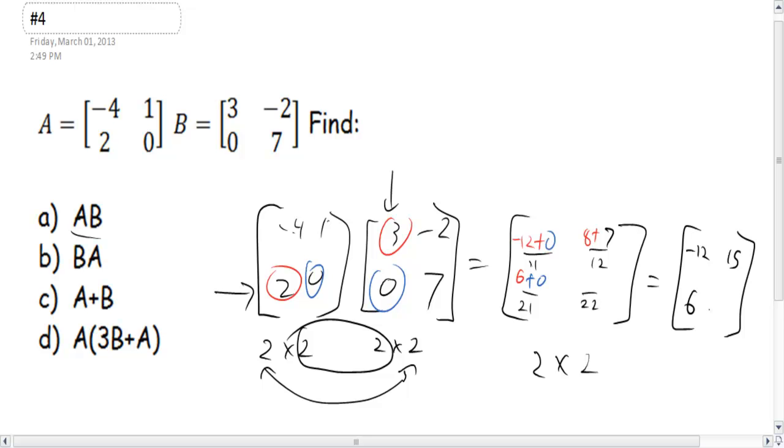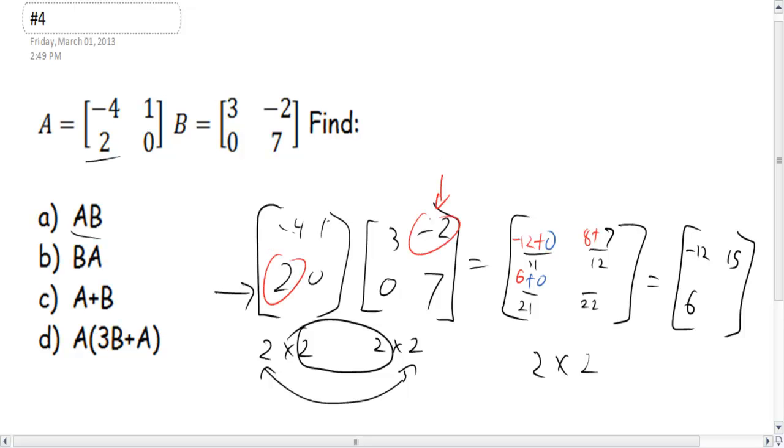Last but not least, for the 2,2 entry, I'm going to use the second row, second column.